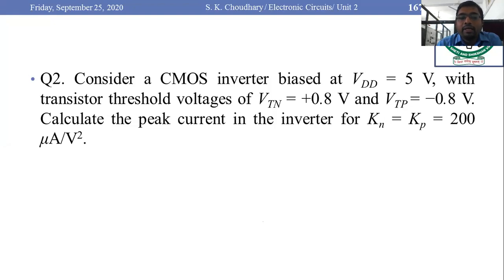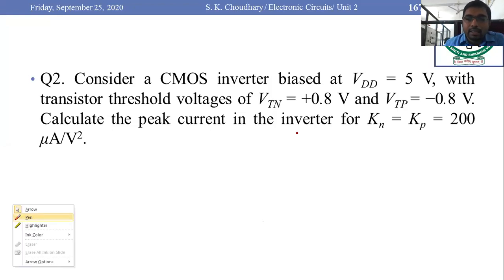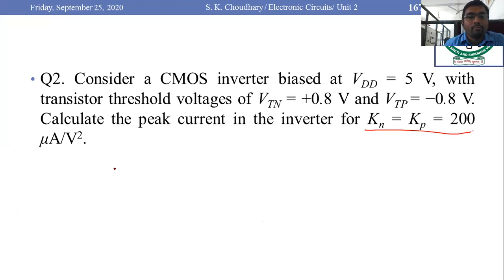You have to calculate peak current in the inverter for Kn equal to Kp equal to 200 microampere per volt square. So the conductance parameter is mentioned here. For these values, you have to find out the peak value of the current.